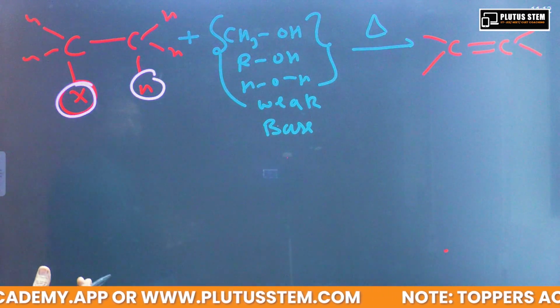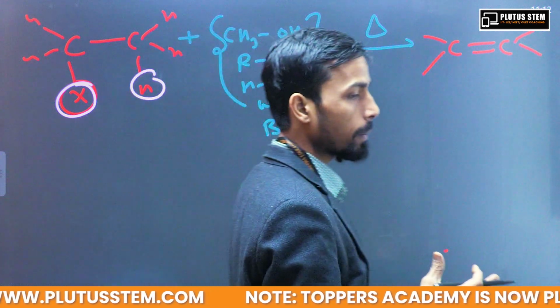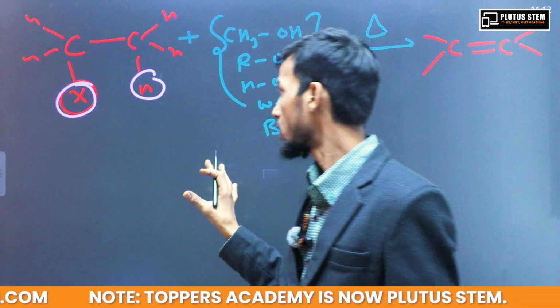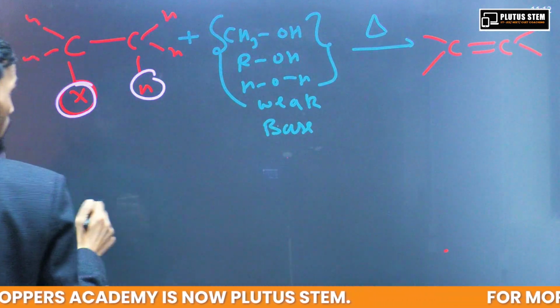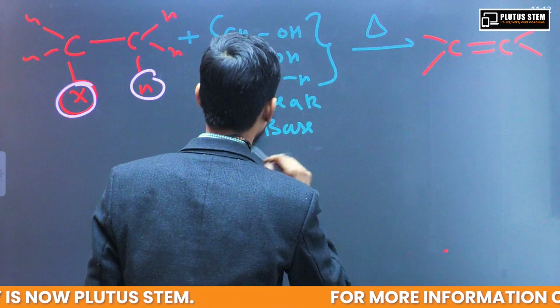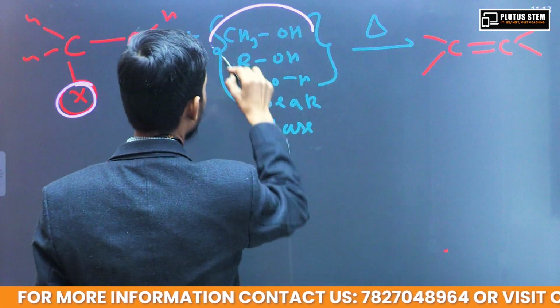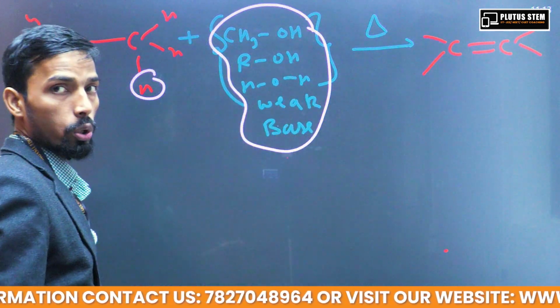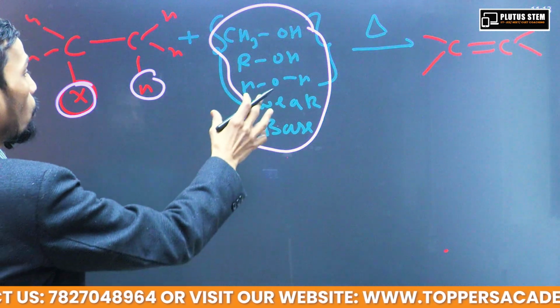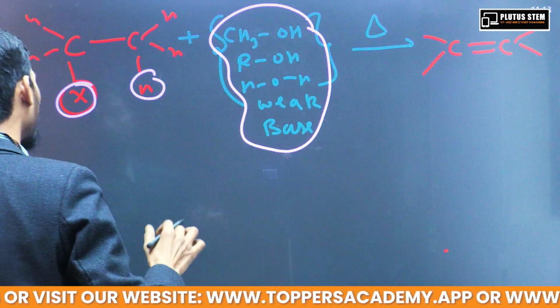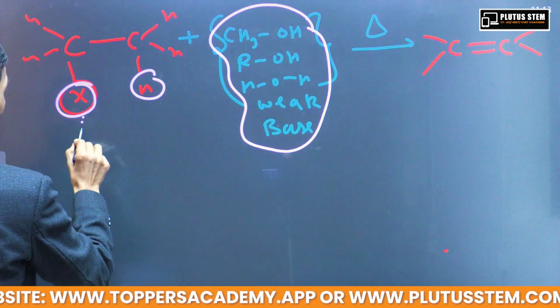So over here, how this elimination takes place. In these weak bases, what happens over here is the polar protic solvent. We generally have the polar protic solvent, and these can always work as a solvent also. So what they are going to do, they will initiate this reaction.